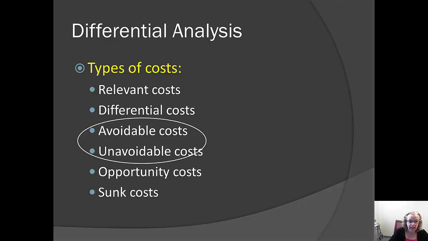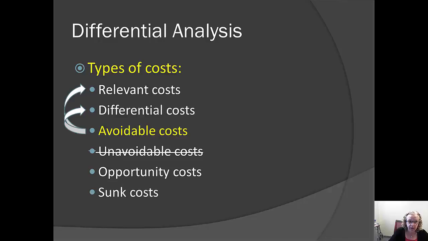Another issue is avoidable costs versus unavoidable costs. An avoidable cost will be there if we make one decision, but we won't have that cost if we make a different decision. By contrast, unavoidable costs will be there regardless of which decision we make.